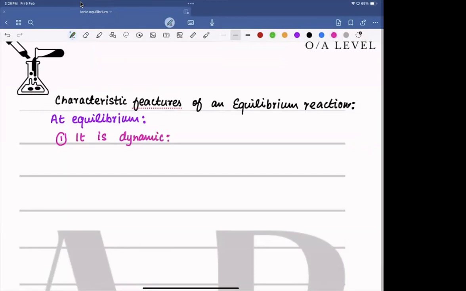What does it mean by dynamic? It means that the reaction does not stop at equilibrium.